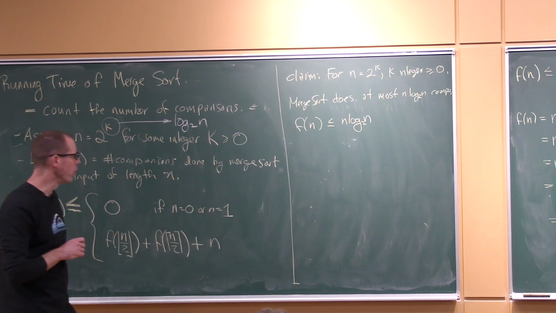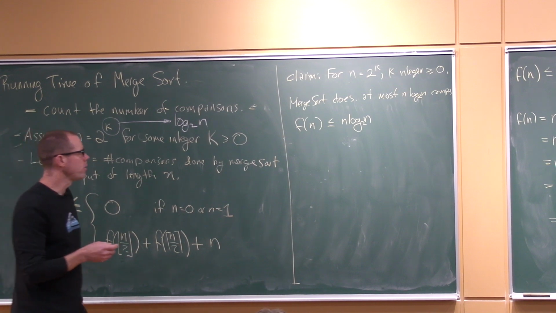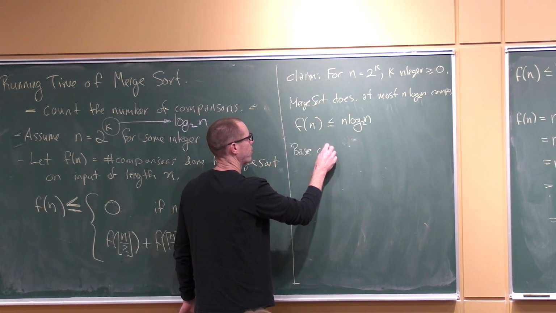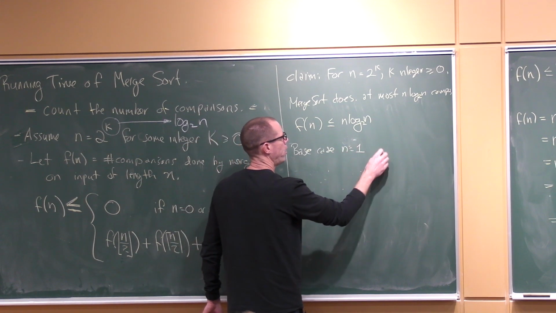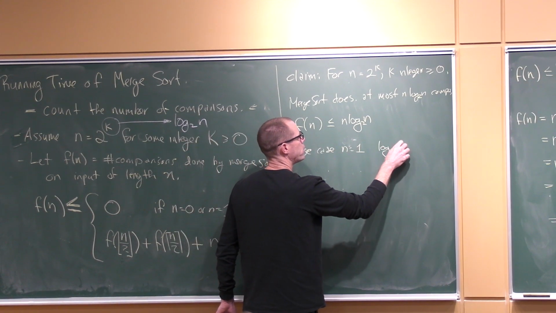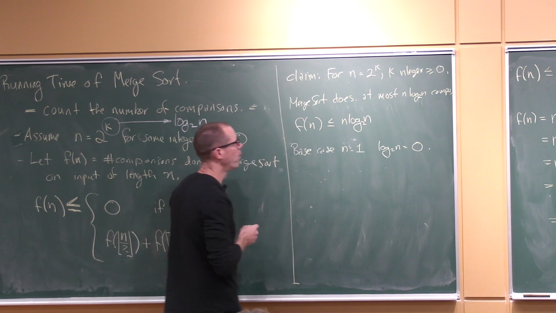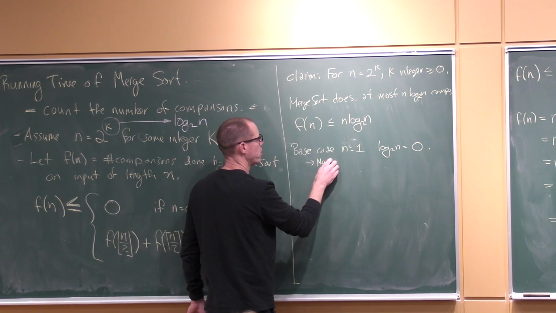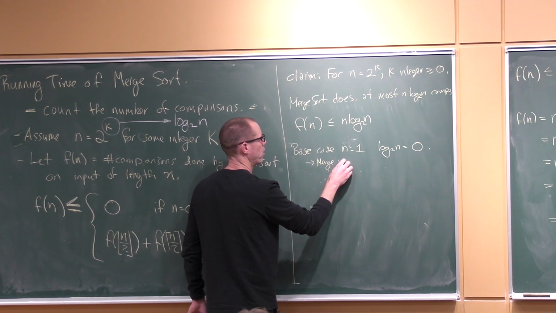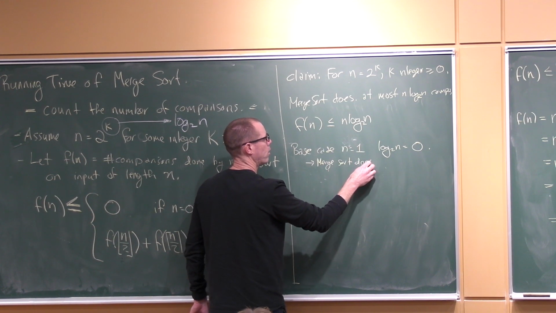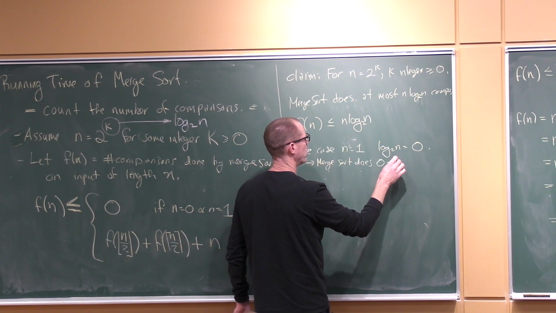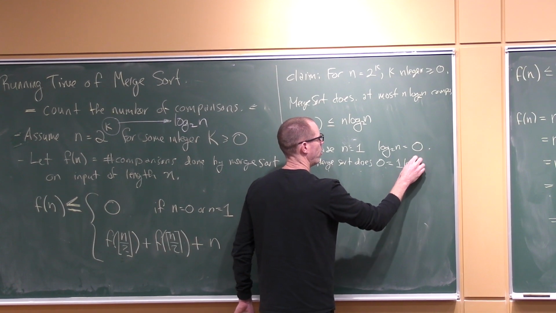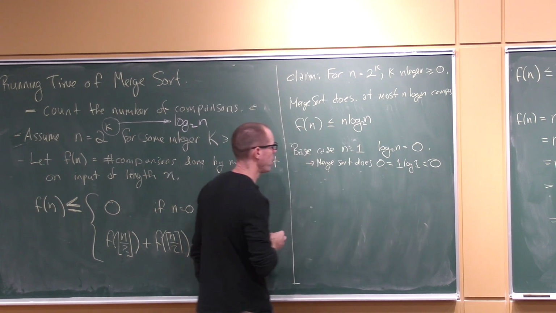That's good. So let's check the base case. n equals 1, which means that log base 2 of n is equal to 0, and MergeSort does 0 comparisons. 0 is equal to 1 log 1, which is equal to 0 comparisons.